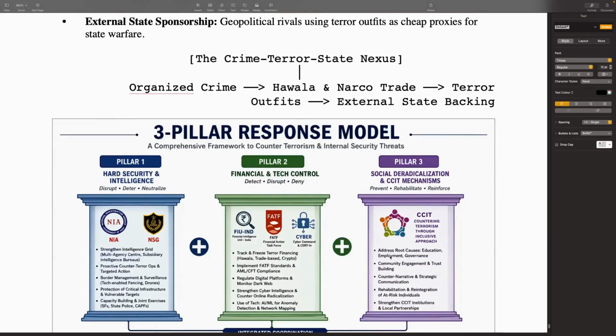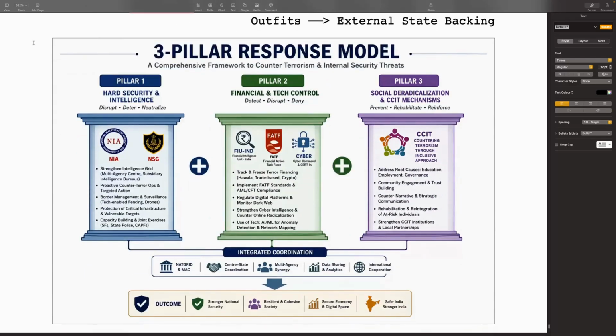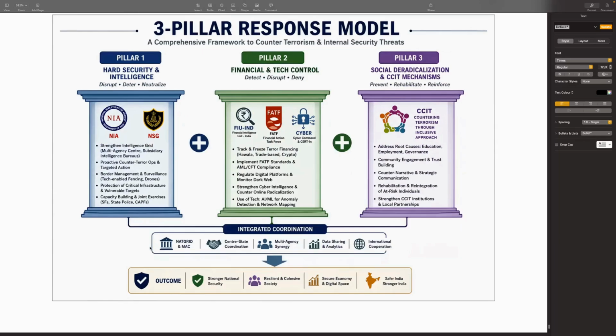The crime-terror-state nexus. So organized crime, hawala, and narco-terror outfits, external state backing. This is the figure. You can go through this three-pillar response model. Pillar one, hard security and intelligence. Pillar two, financial and tech control. Pillar three, social de-radicalization and CCIT mechanism.